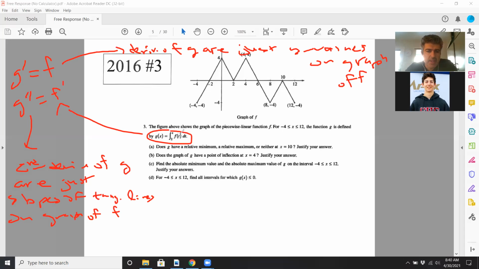Okay, so first question, does g have a relative minimum, relative maximum, or neither at x equals 10? So they're asking for g prime. And remember, to be a relative minimum, g prime must be going from negative to positive. To have a relative maximum, g prime must be going from positive to negative, and neither, then you don't see a sign change at all.